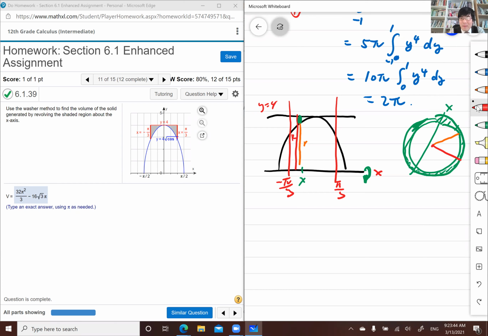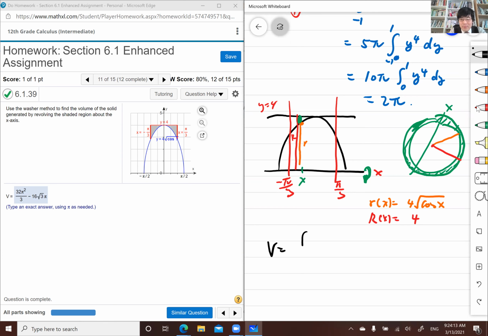So the smaller radius will be the y coordinate of the smaller function, which is 4 times the square root of cosine x, while the larger radius is basically 4 everywhere. Okay, everywhere is 4 in this interval.